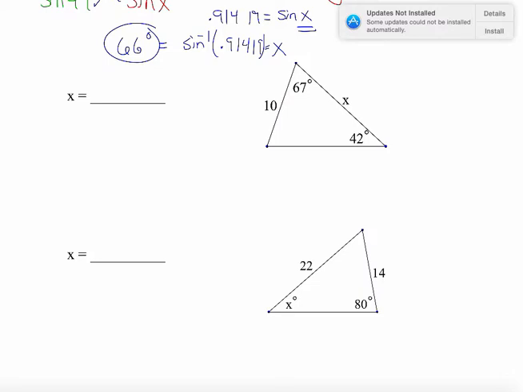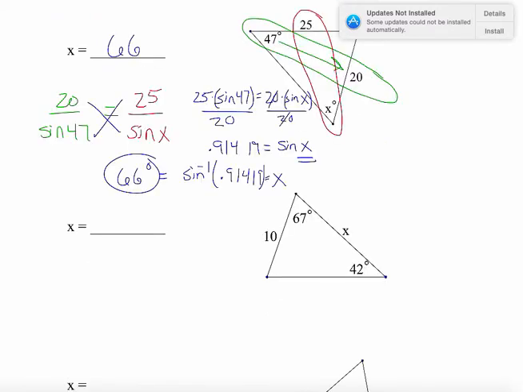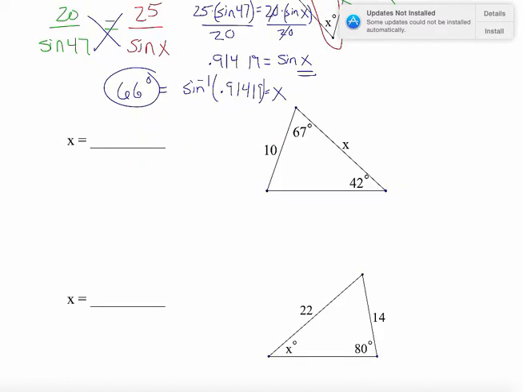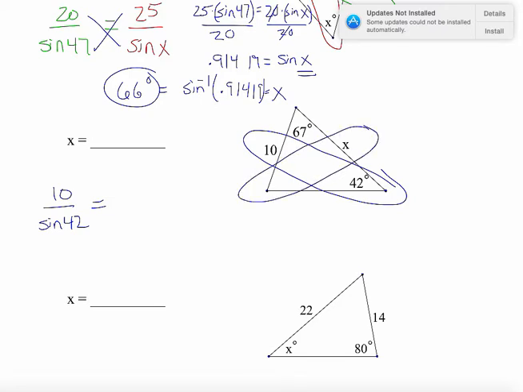Let's look at example number 2. In example number 2, again, I'm looking for these relationships of numbers that are across from each other. So right away I see that I have 10 across from an angle of 42. So that means that side of 10 over the sine of 42 should equal, and since I'm looking for x, I need to know that opposite angle.